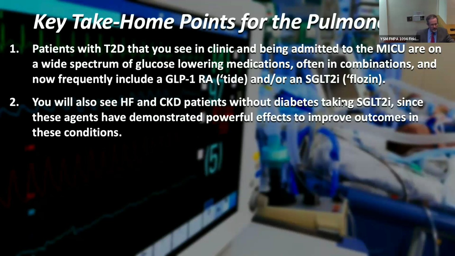You'll also see heart failure and CKD patients who are on these diabetes drugs, but they don't have diabetes. And I know that gets confusing, but they're evidence-based now. These are so-called pillars of therapy for both HFrEF and HFpEF. Actually, the first drug class that has a class 1 indication in HFpEF.